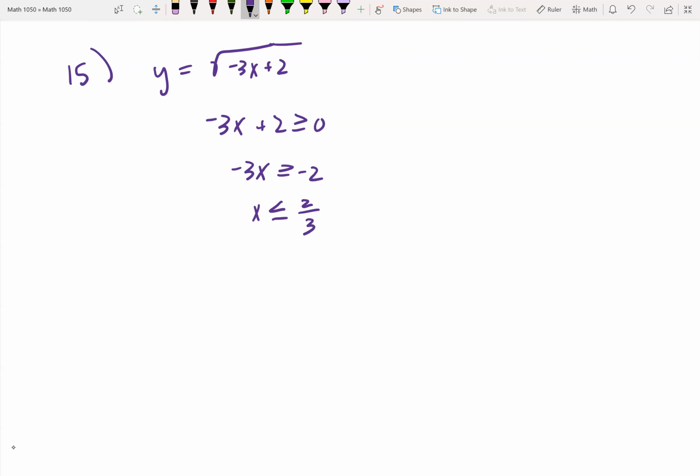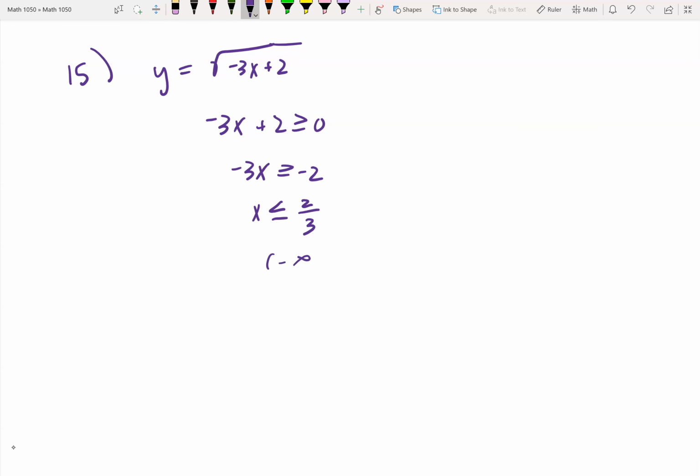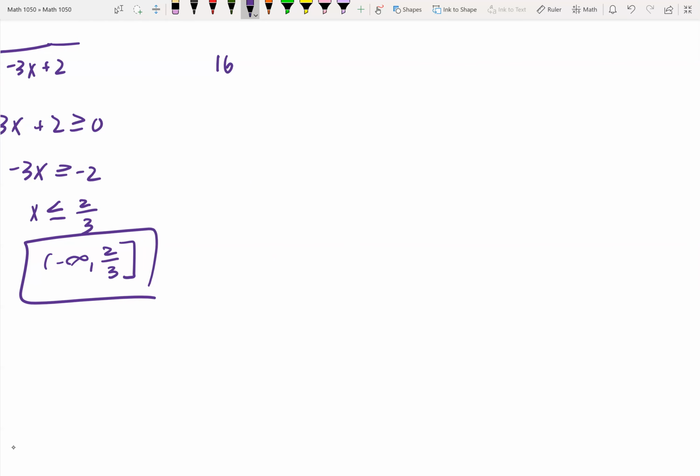It says interval, so they want it in interval form. So it's less than 2/3, so that would be negative infinity to positive 2/3, close with the bracket, done. Okay, number 16, list all the solutions.